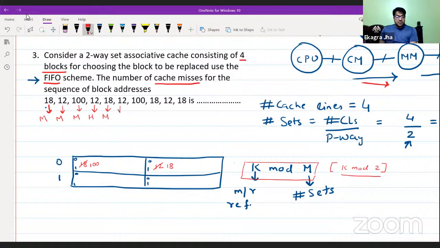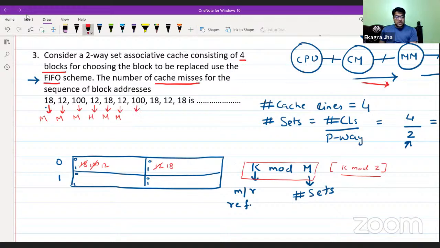Next time, memory reference 12 is not actually present in here, so the operation is certainly a miss operation. And among 100 and 18, 100 has the longer timestamp. So 100 is going to get replaced by 12, as 100 comes earlier as compared to 18.